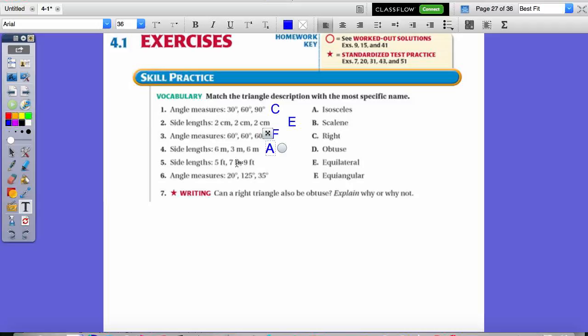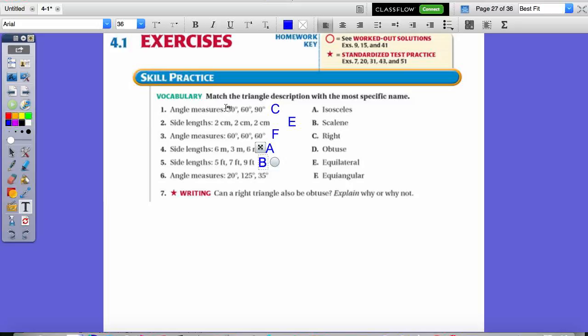5, 7, and 9. None of the side lengths are equal. That's a scalene triangle. Now sometimes, as would be the case here, if we actually found the side lengths of triangles that had 30, 60, 90 degrees, we would find that it also is a scalene right triangle. That's more than we have learned yet in this lesson.